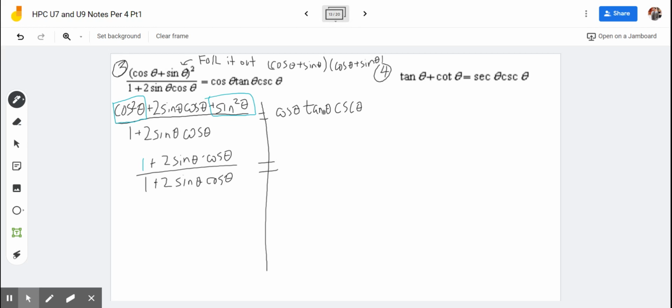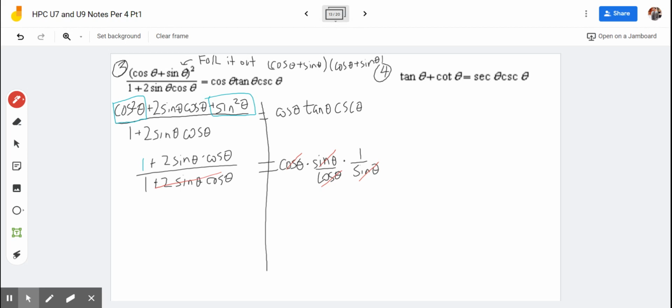So I'm just going to rewrite this in terms of sine and cosine, right? Because that's kind of our default move, because we can rewrite tangent as sine theta over cos theta. And then we can rewrite cosecant theta as 1 over sine theta. And you're looking at this like, ooh, I can cancel stuff. Cos goes away, sine goes away on the right side.